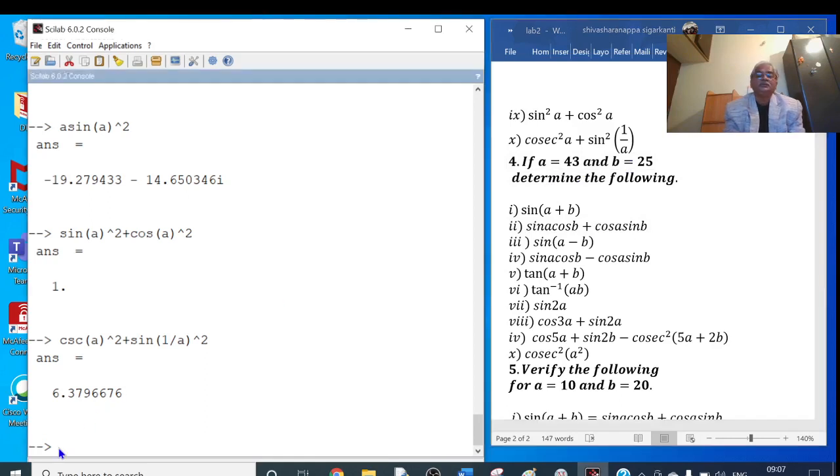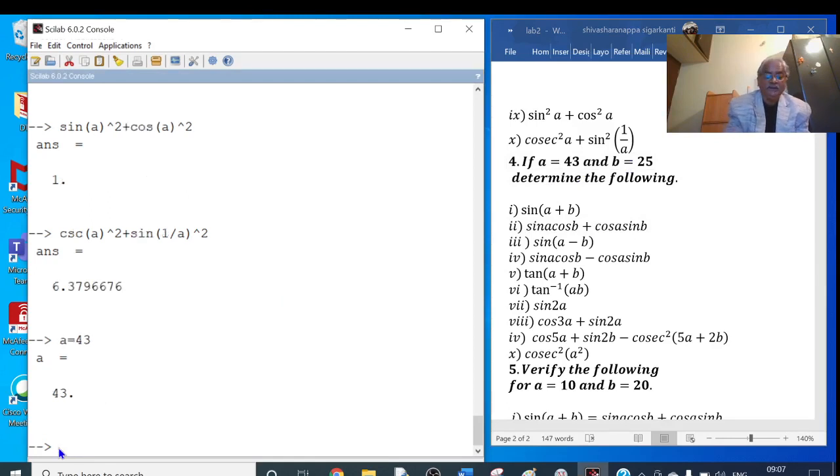Here I will assign A equal to 43, enter, B equal to 25, enter. We have to find the sine of A plus B. Just type sine in bracket A plus B.